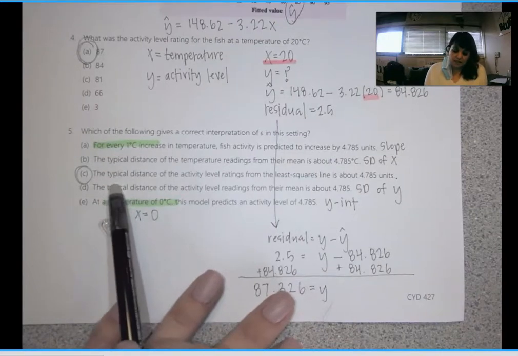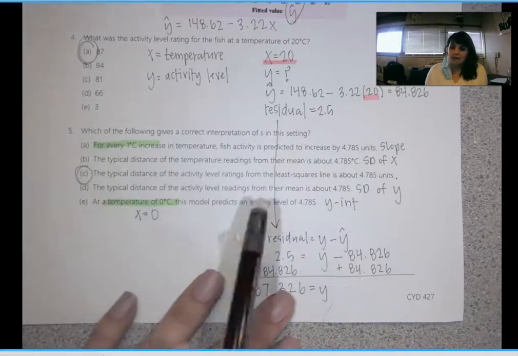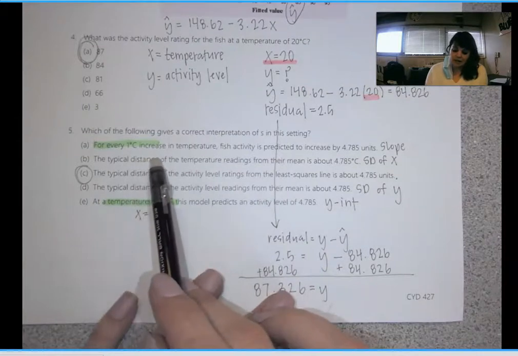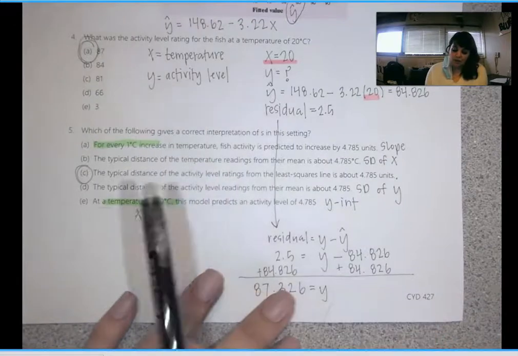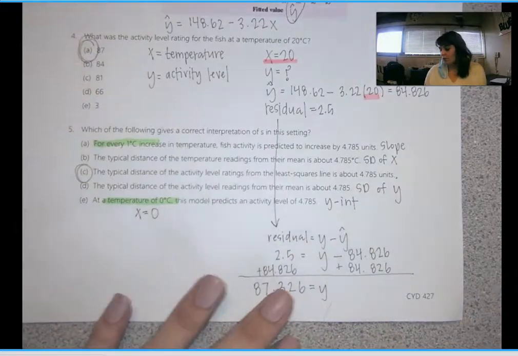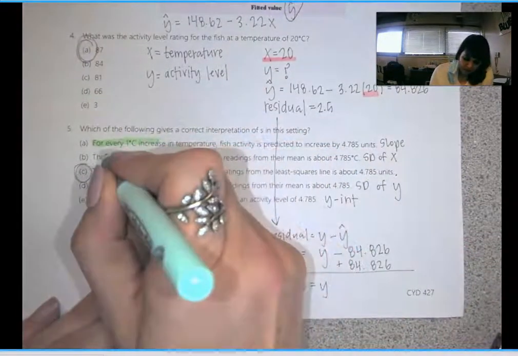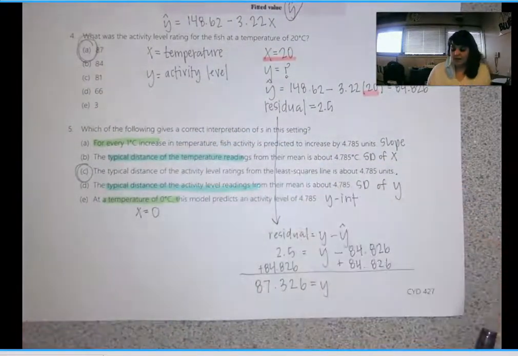B and D are a little bit more complicated, but if you remember the definition of standard deviation, it is the average distance from the mean. So in this case, it is the average distance from the mean for the X variable and the average distance from the mean for the Y variable. I know that because it says typical distance of the temperature, typical distance of the activity level.